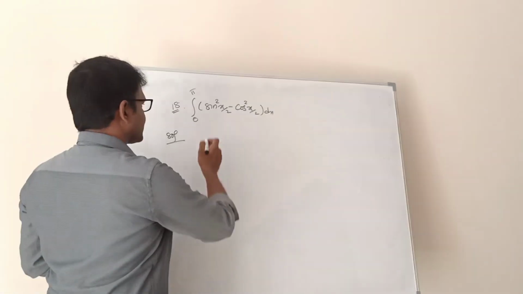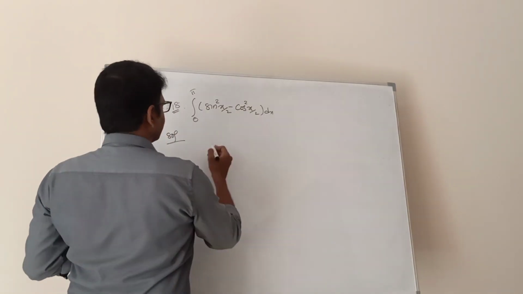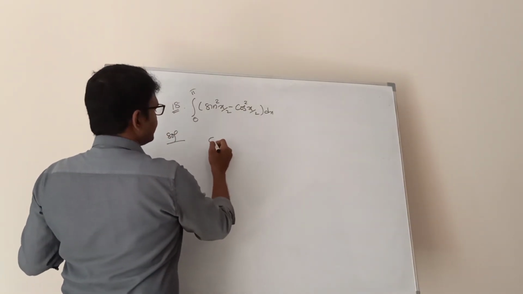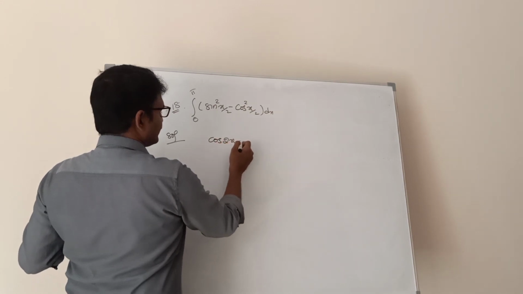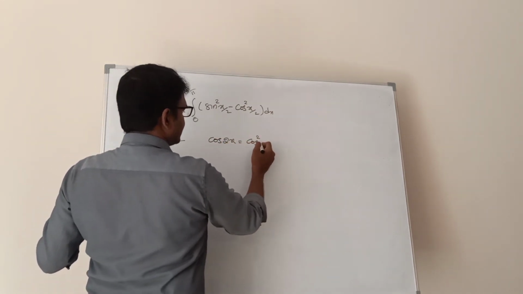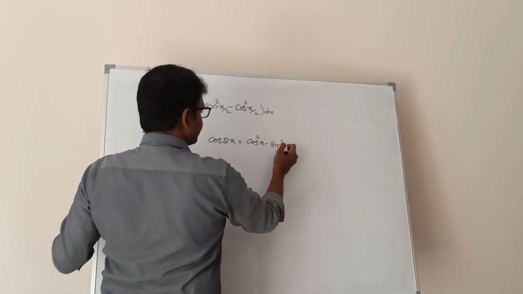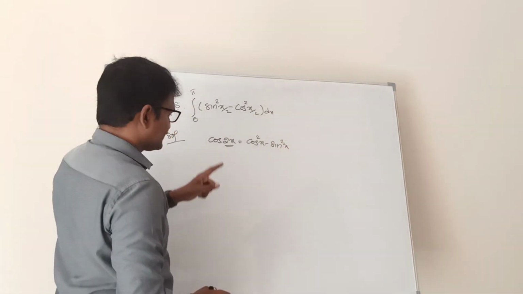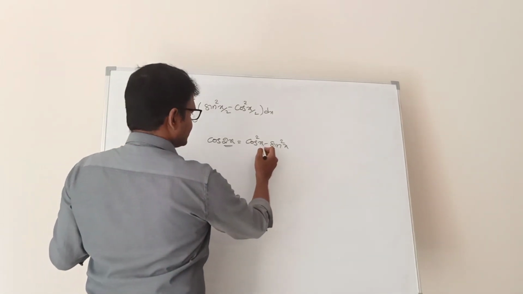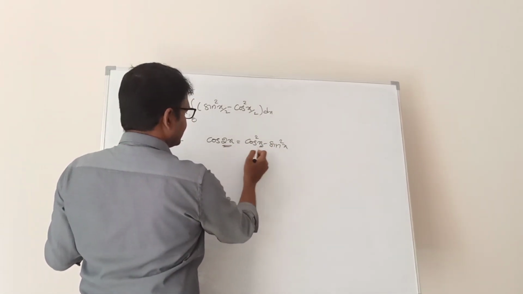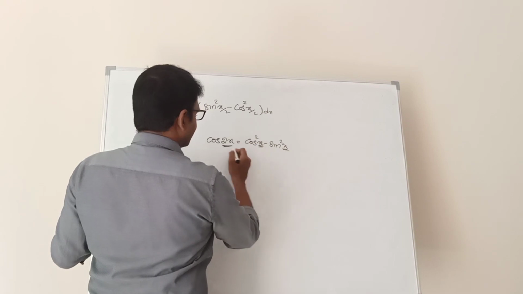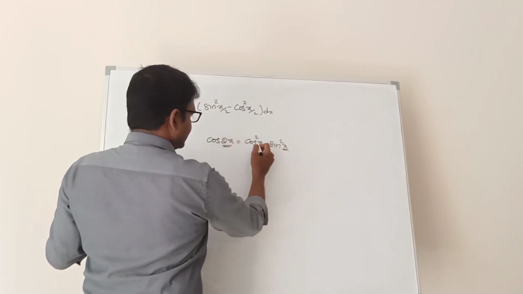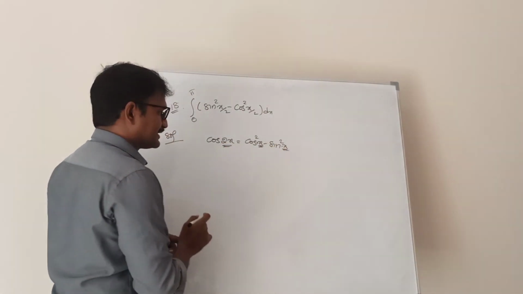Next problem, sin square x by 2 minus cos square x by 2. We know that cos 2x is equal to, there are 4 formulas. In those 4 formulas, the first formula is cos square x minus sin square x. This is called the multiple angle formula. Here x is multiplied by 2. If we have 2x, here we got 1x and here also we got 1x.